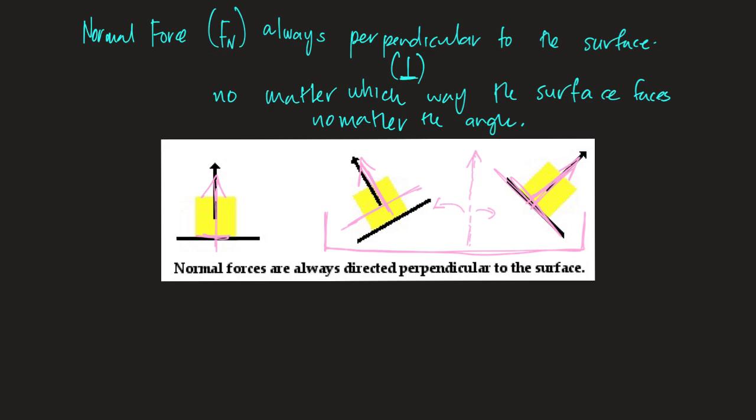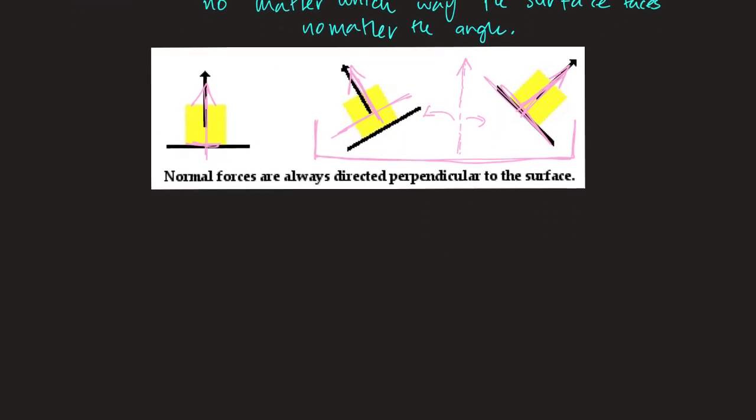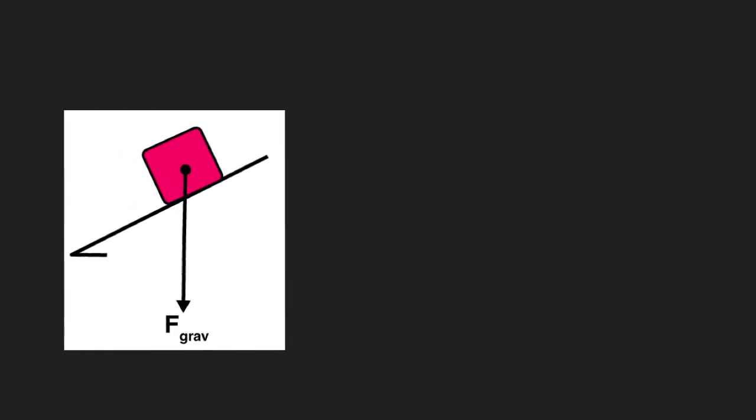So essentially then, if I'm looking at these different types of normal forces, what happens to the force of gravity on an incline? Now, I know that gravity, in any situation, must be directly downwards. So if I'm on an incline, this is what my force of gravity looks like.